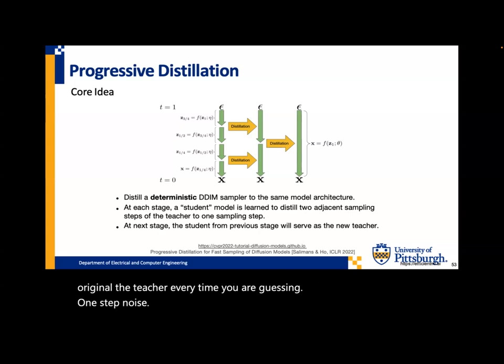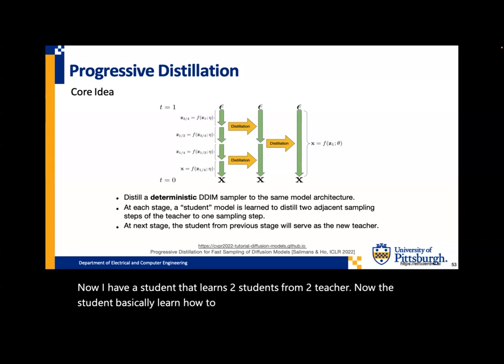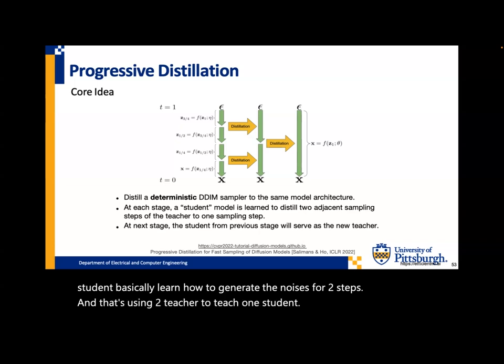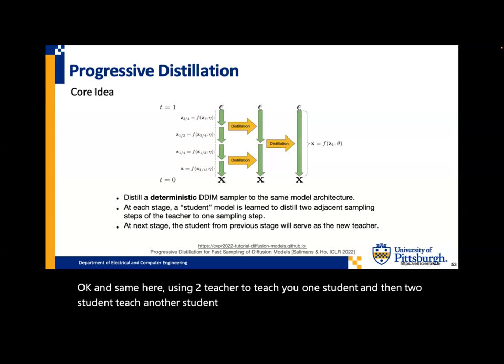Now I have a student that learns from two teachers, so the student learns how to generate the noises for 2 steps. That's using 2 teachers to teach 1 student, and then 2 students teach another student. Eventually, the student is going to learn the noises for multiple steps. So that's the distillation idea.